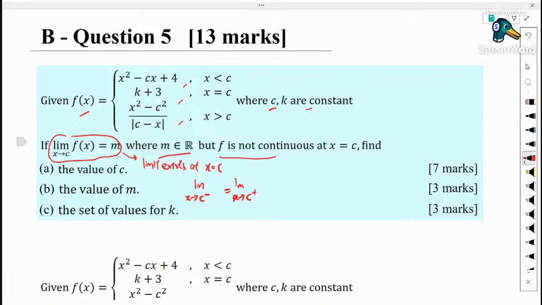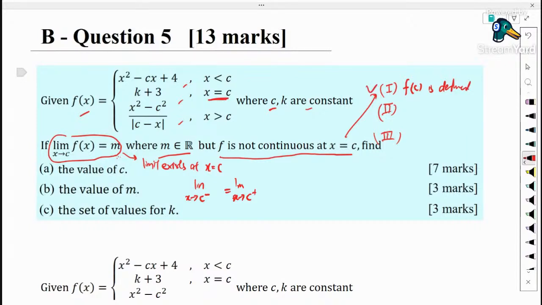Then you were told that f is not continuous. For your information, if continuous, we have 3 conditions to fulfill. But if it's not continuous, then I need to see which condition it fails. Does it fail at the first condition, or some other condition? You find out that in this question, f(c) is defined, because c is within the domain.